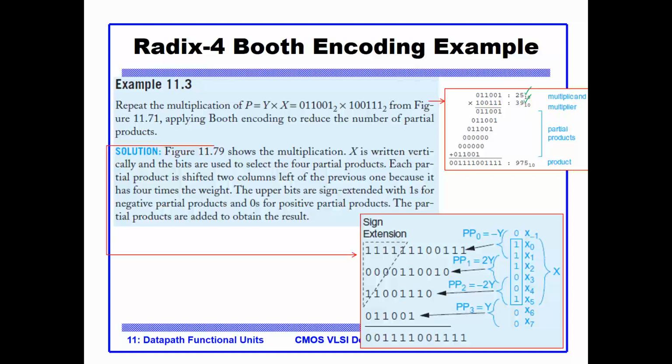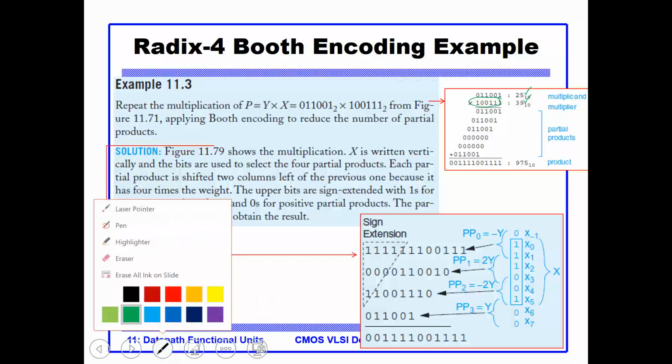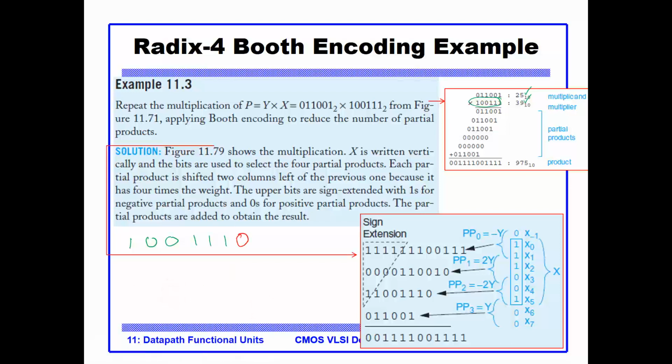The very first thing that I need to do is to convert this number into Booth recoding. So this is the multiplier, 1 0 0 1 1 1. The very first thing I do is add that 0, which is the phantom 0, next to the least significant bit.